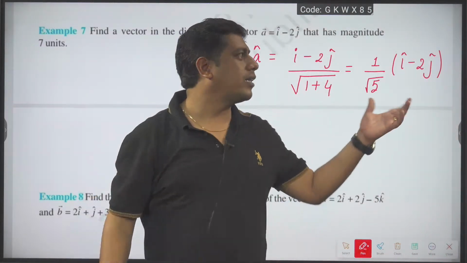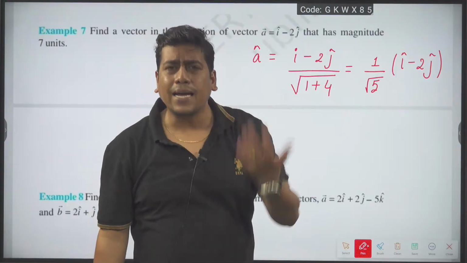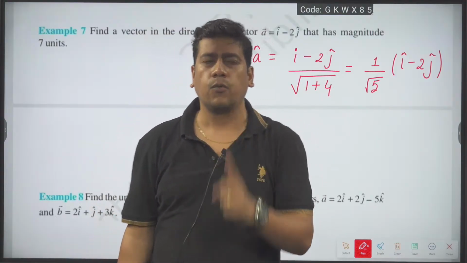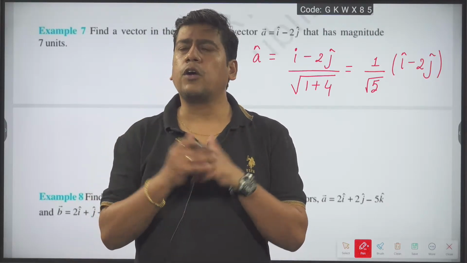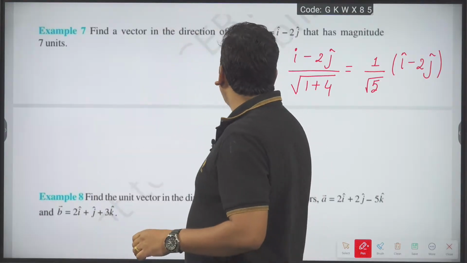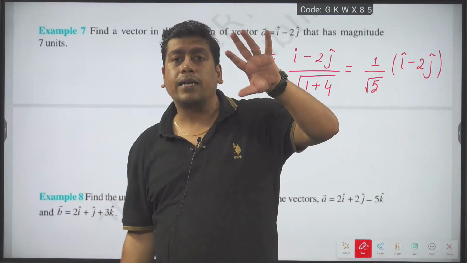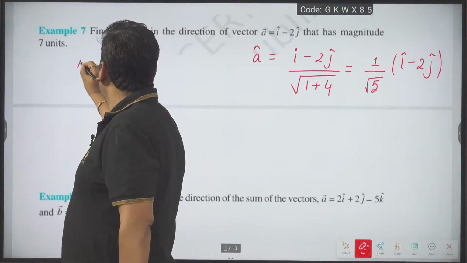You don't need to calculate the magnitude, because the magnitude of a unit vector is 1. That's why the name is unit. But if you say this is the answer, it is wrong, because its magnitude is only 1. I want a vector in the same direction but with magnitude 7. So let's call it B vector.